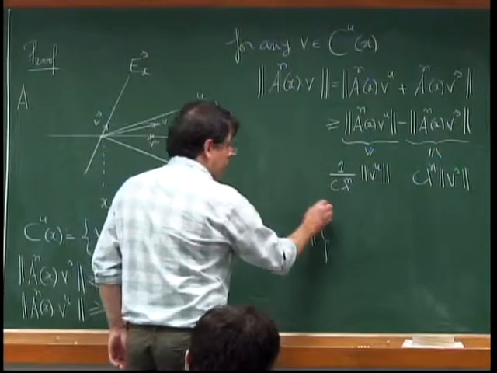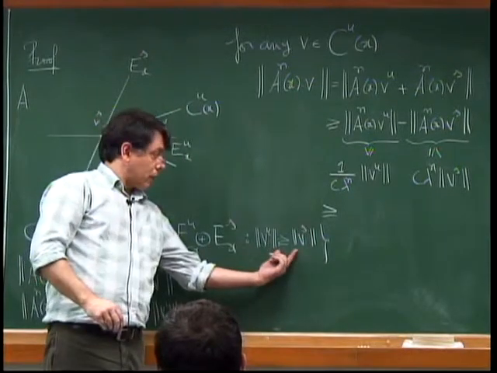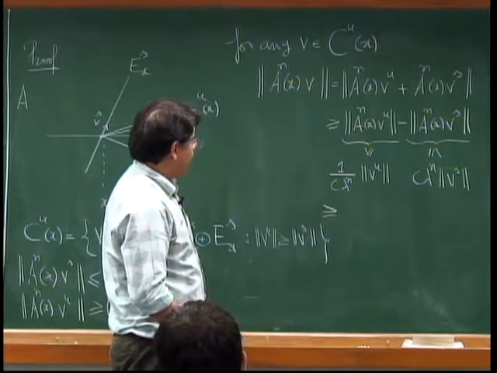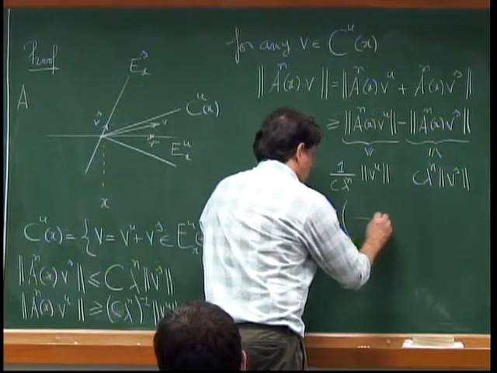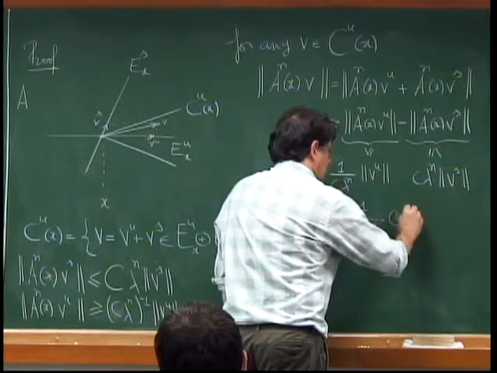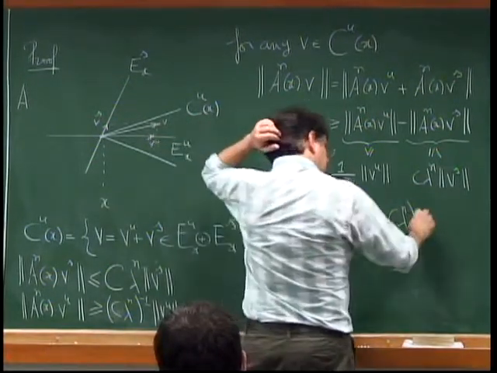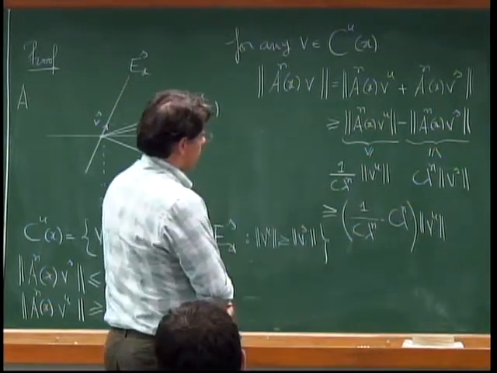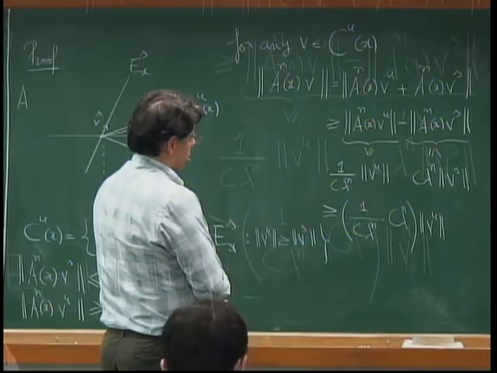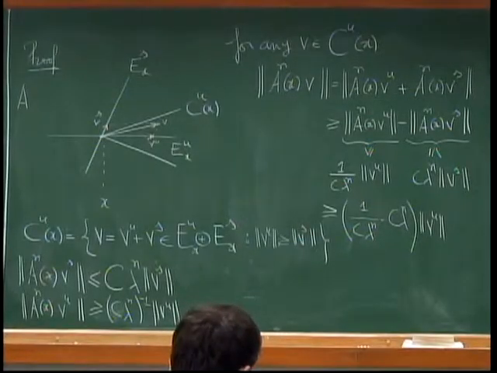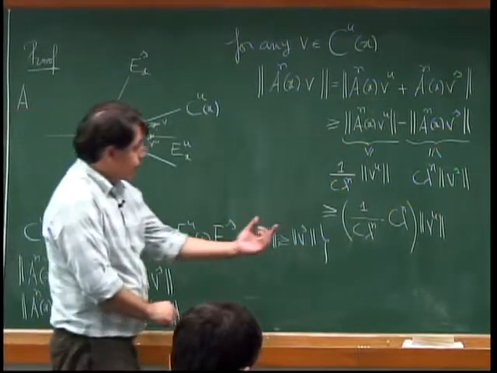So if I put them together, and I remember that I'm looking at vectors that are in the cone, for which the norm of v_u is bigger than the norm of v_s, I conclude that this is bigger than (1 over C lambda^n minus C lambda^n) times the norm of v_u. You see, this is a positive number.